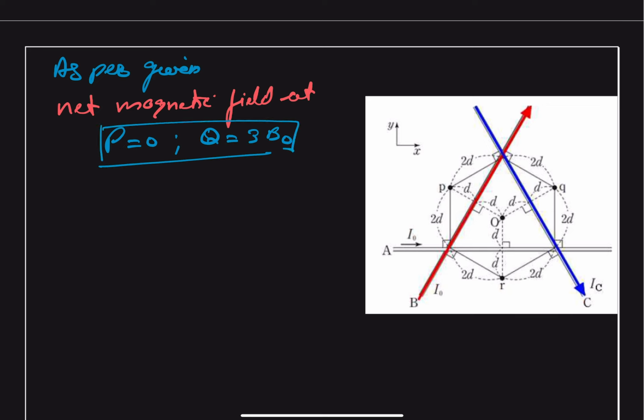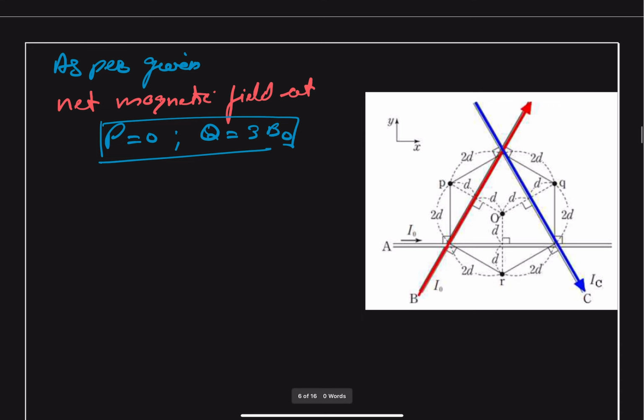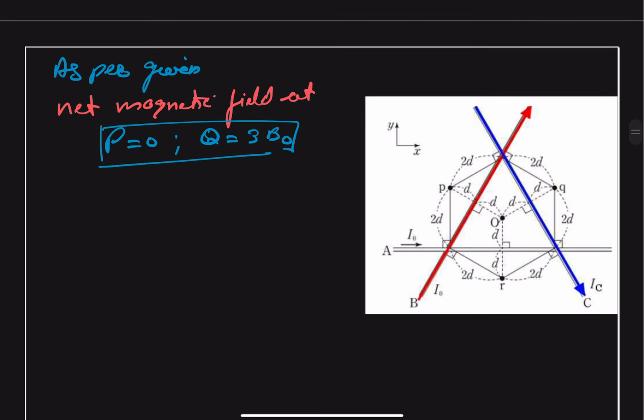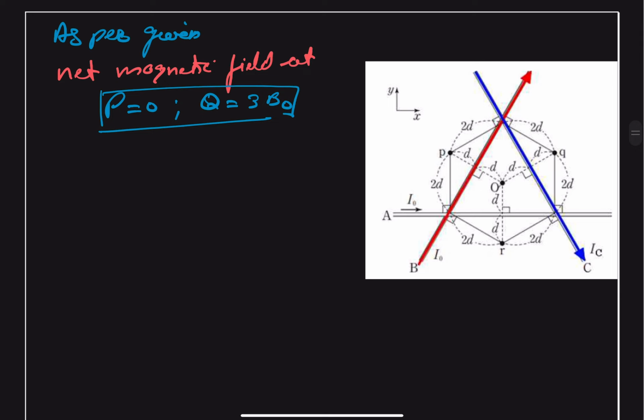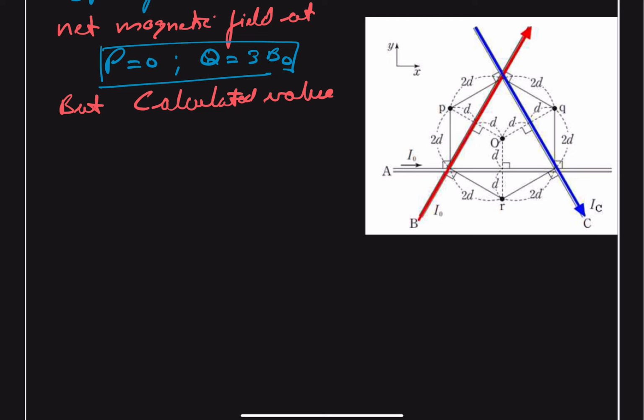But the calculated value, no doubt at P is 0, but at Q is also 0. So these two conditions do not match with each other. So they are in contradiction.